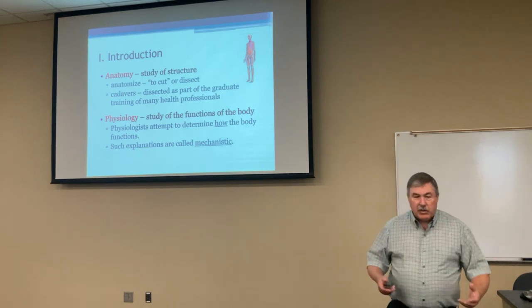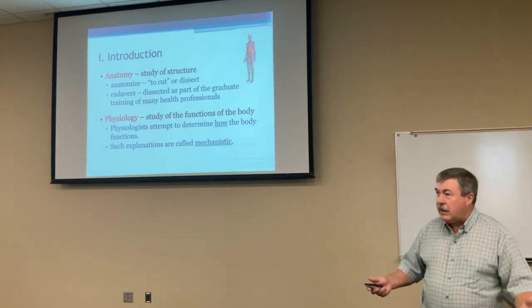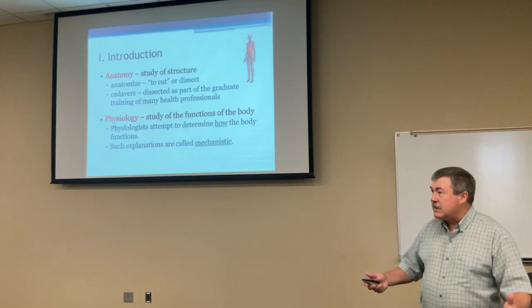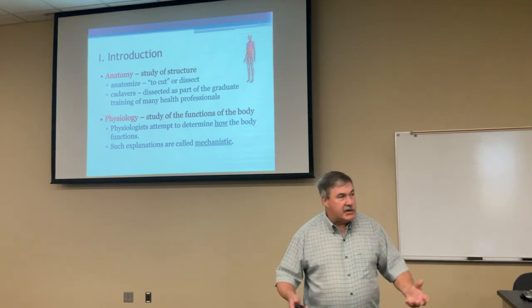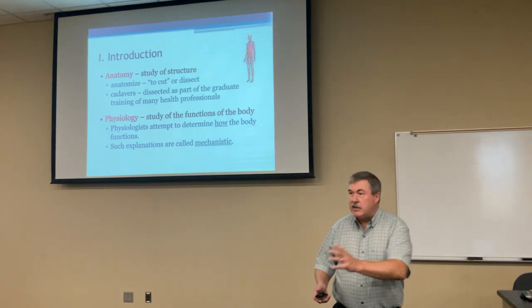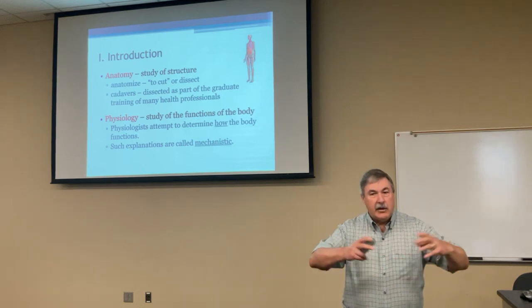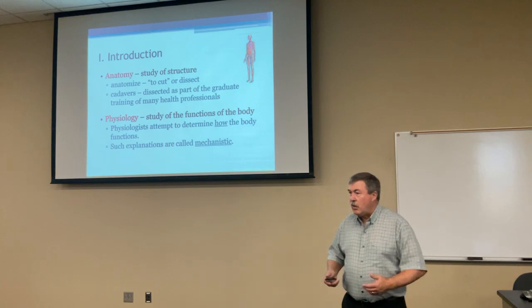And so some explanations in physiology are rather complicated because they involve many steps. The nice thing, though, is that you can break functions down into steps, and you can study the steps individually, and then you can piece them together to understand how the body functions as a whole.